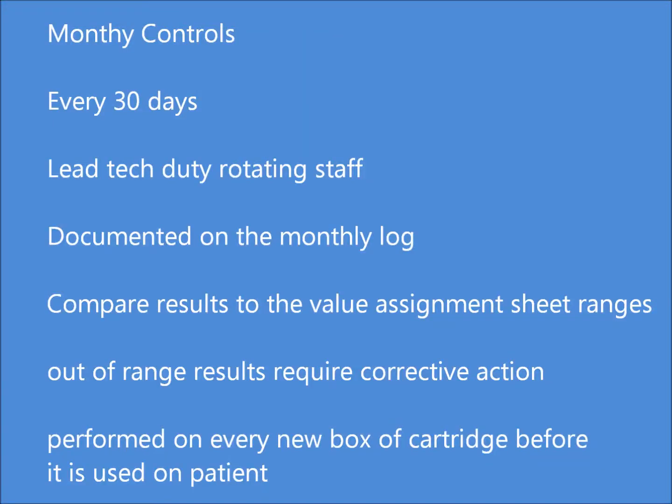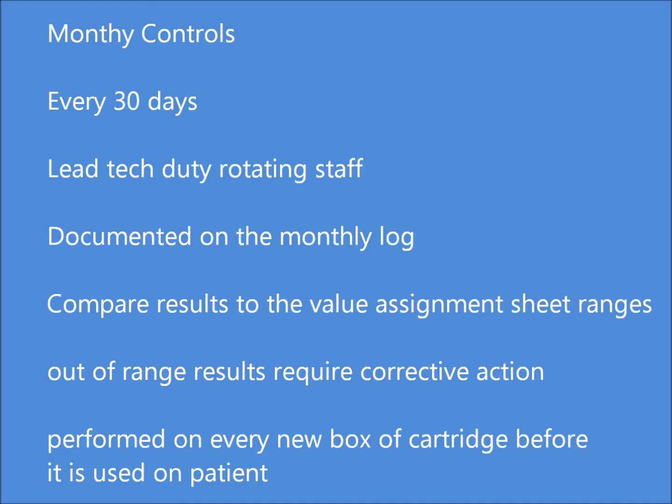In addition to the daily simulation, we are required by law to run monthly controls. The monthly controls are done every 30 days. It is a lead tech duty, but we are required to rotate the staff, and the results are documented on a monthly log.